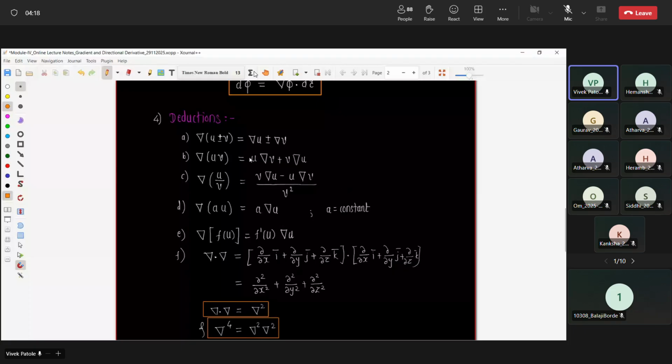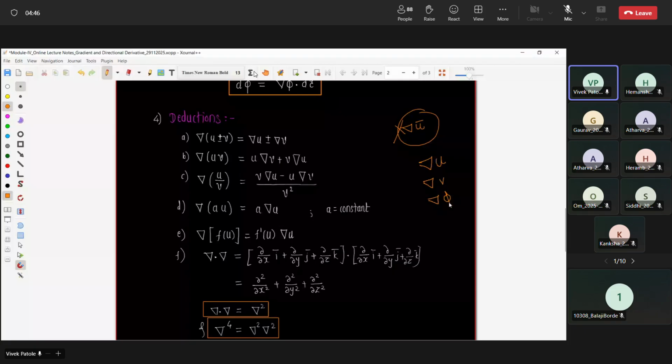Therefore, we have del of u plus or minus v. Now see, I haven't written u bar, v bar here. Why? Because we evaluate the gradient of only scalar point functions. So one should not write del u bar at any point. This is not possible. We always have to consider del u, del v, or del phi.